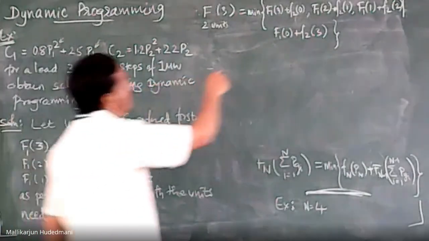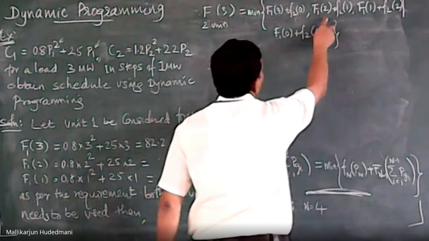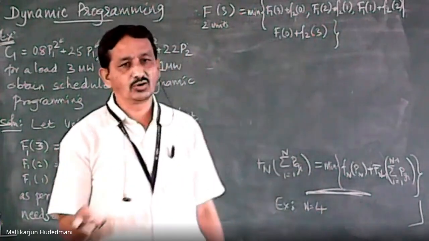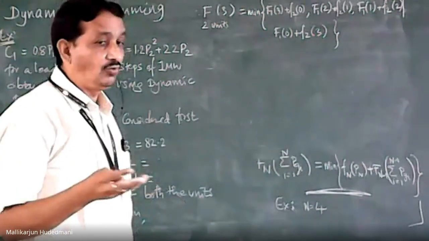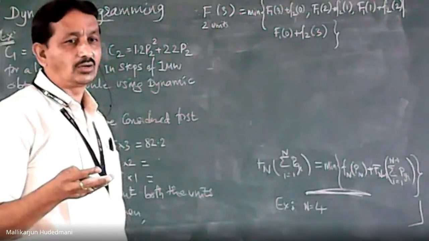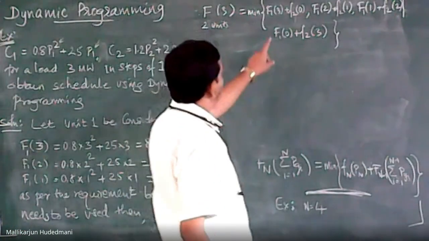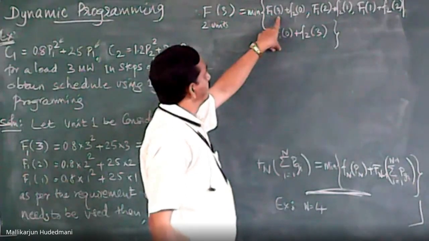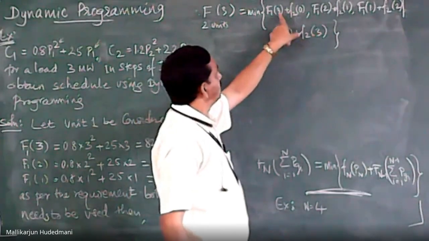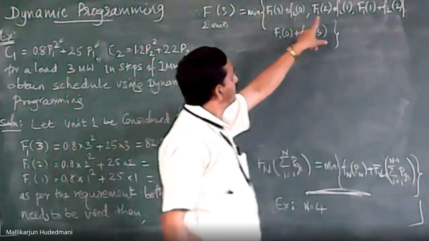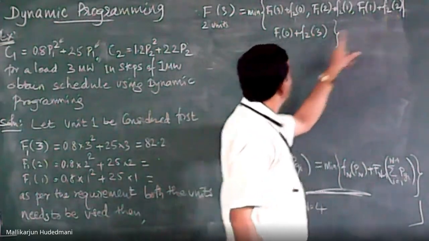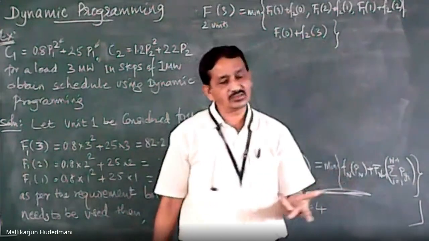Then I'll have 1, 2, 3, 4: 2 raised to 2 means only 4 combinations. How can those 4 combinations meet your 3 megawatt load? Like this. Let machine 1 deliver the entire 3 megawatt, machine 2 be 0: 3 plus 0, demand is 3. 2 plus 1, demand is 3. 1 plus 2, demand is 3. 0 plus 3, demand is 3.